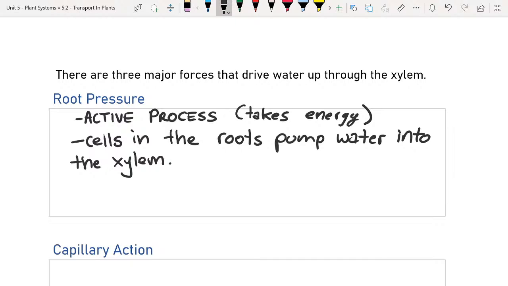And this builds up, well, if you put more and more water into the roots, you're going to build up pressure. Good. This builds up water pressure.